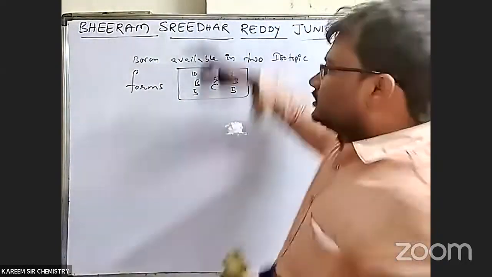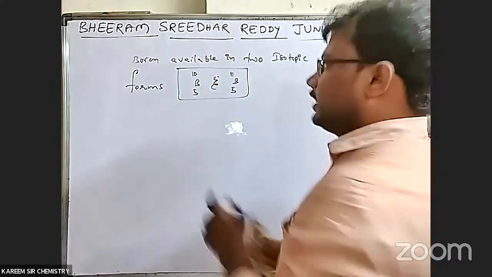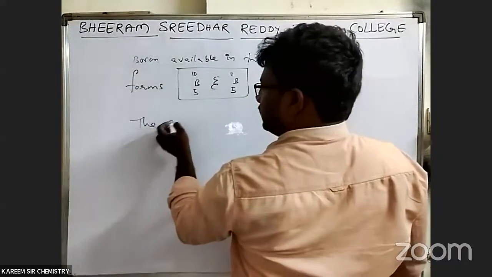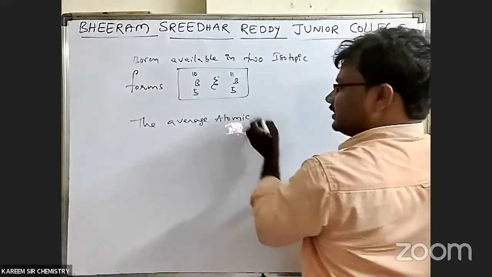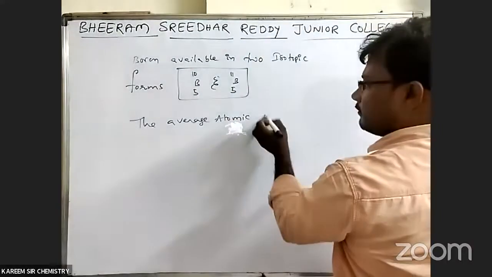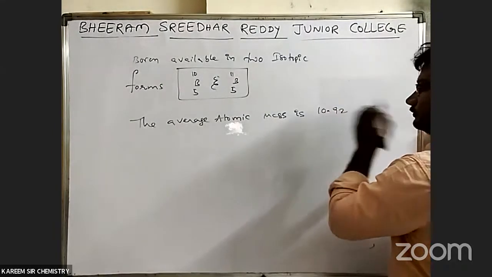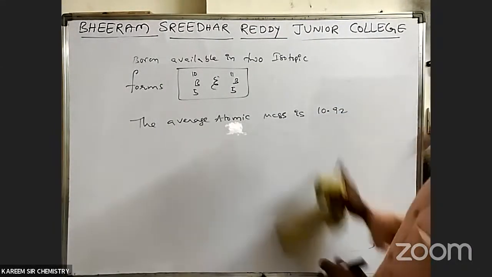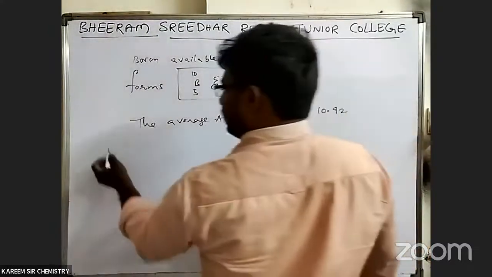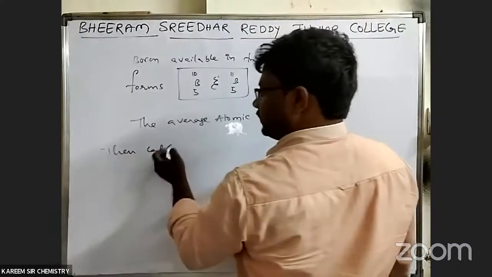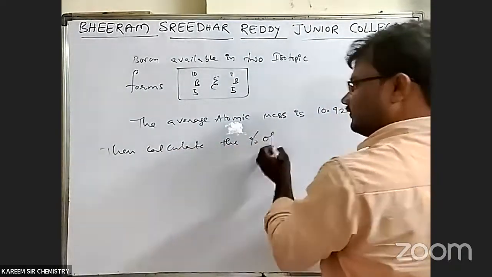So there are two isotopes: one atomic mass is 10 AMU, another is 11 AMU. And the average atomic mass is 10.92. Then calculate the percentage of abundance.